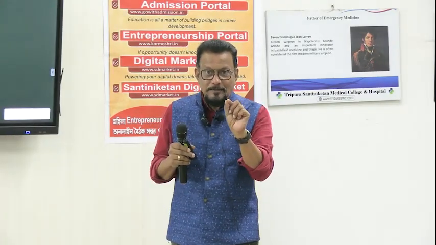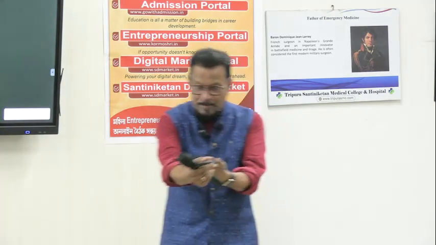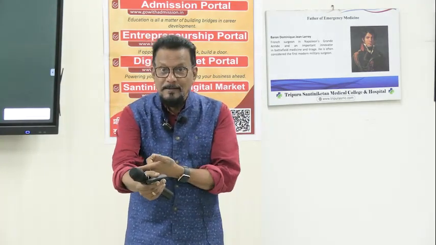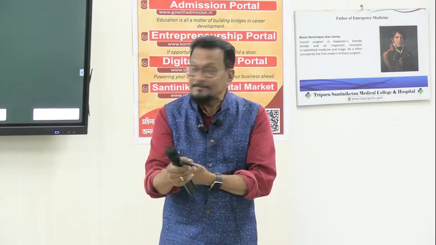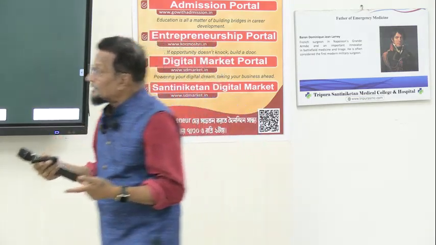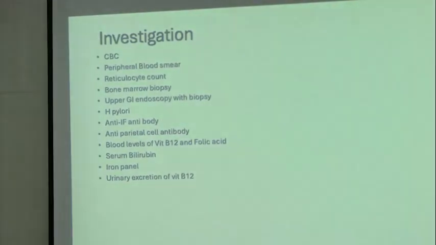So these are called parietal cell antibody. Immediately I look in my blood for whether there is any anti-parietal cell antibody.